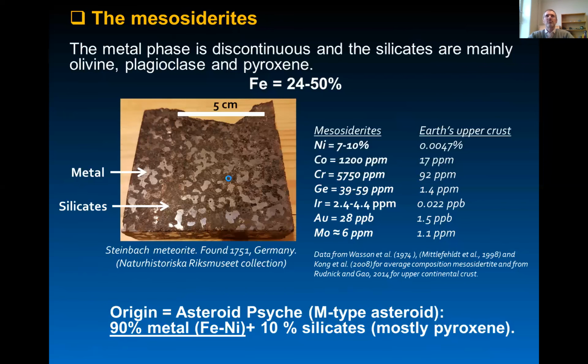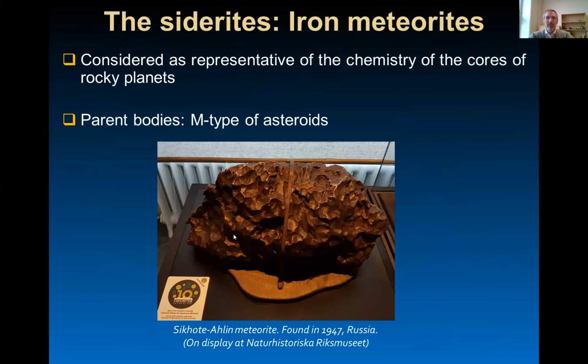Then we can switch to the third type of meteorites, the siderites, iron meteorites. And this is one nice piece on display at the Swedish Museum of Natural History in Stockholm.